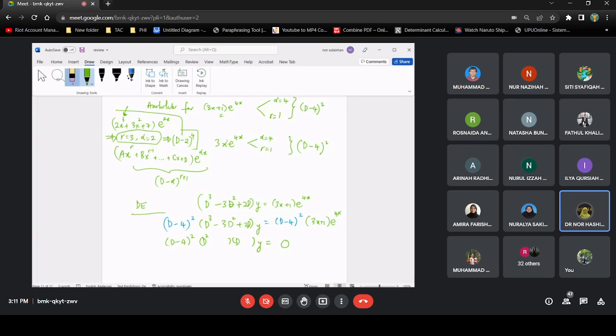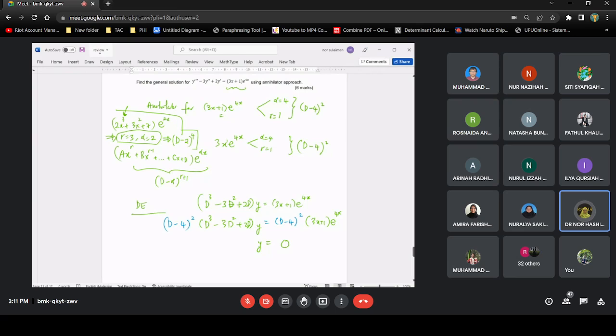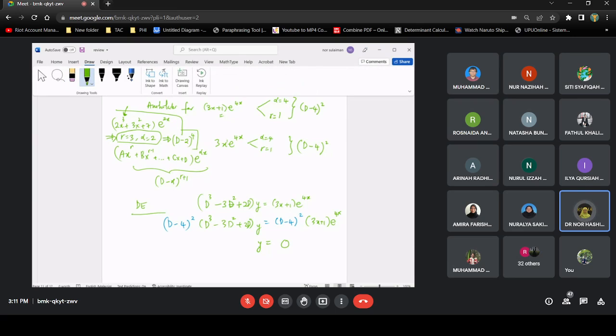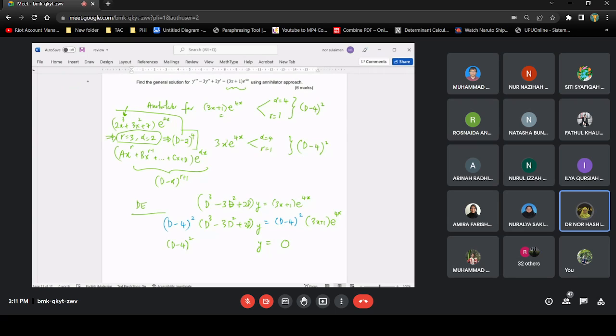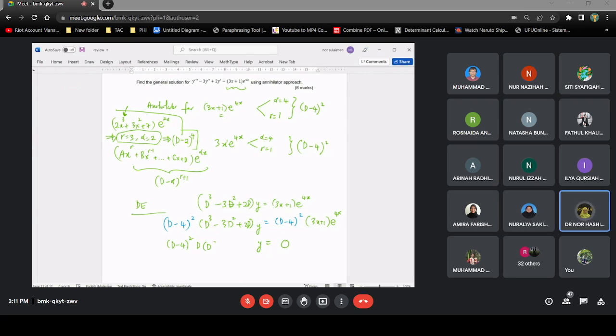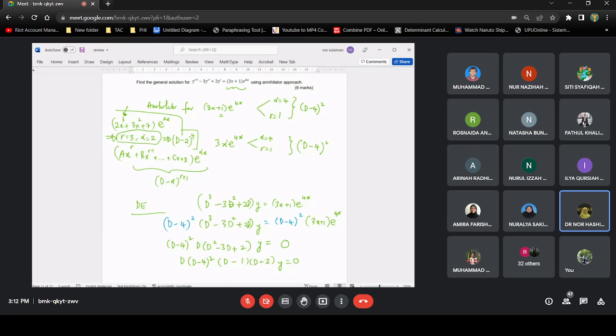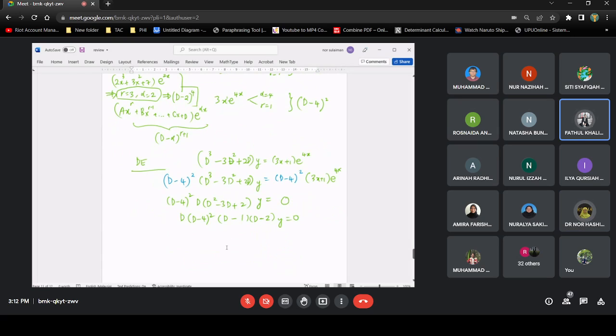Okay, saya buat balik semula ya. Okay, ni dia punya soalan dia ni. Okay, so you have D minus 4 squared and then you take out the D and the remaining is D squared minus 3D plus 2. Macam tu. Okay, so yang ni boleh susunlah bagi nampak kemas sikit. D minus 4 squared and then ini boleh, saya rasa boleh fakturkan. Betul tak? Boleh tak? Betul. Dia dapat bentuk ni.